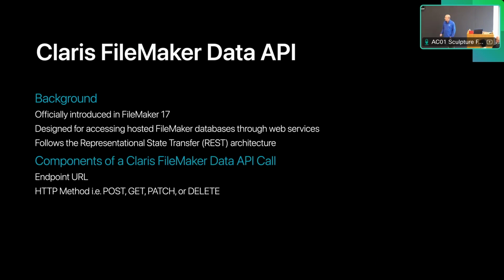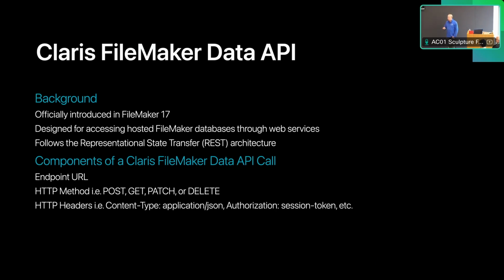The Claris API uses post, get, patch, or delete. Same way, there are the HTTP headers that you need. Again, there are a number for APIs in general. These are just a few examples of what Claris uses, but the content type and the authorization are things that you would need to worry about there. And then there's also a parameter that is in JSON format.